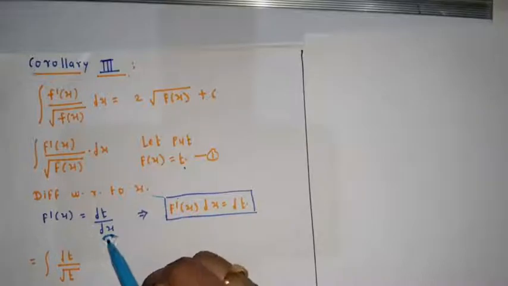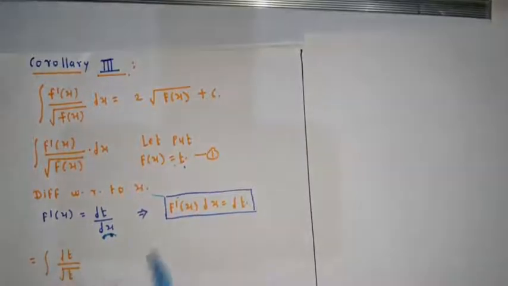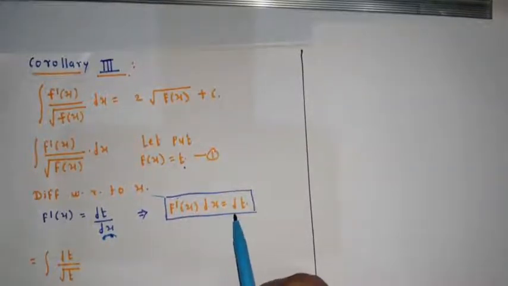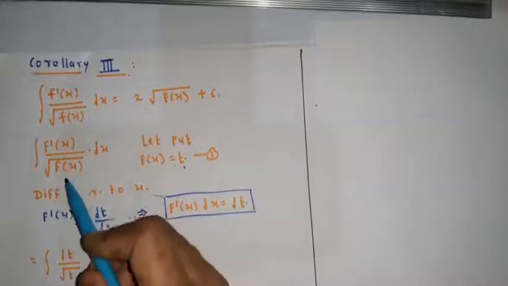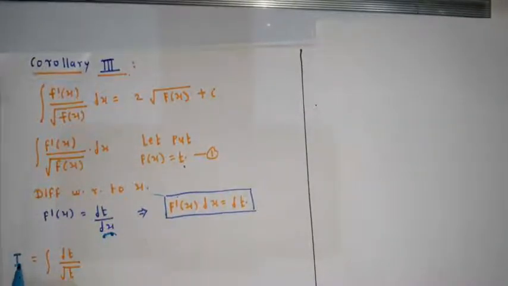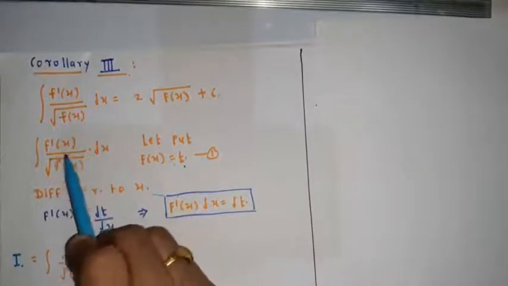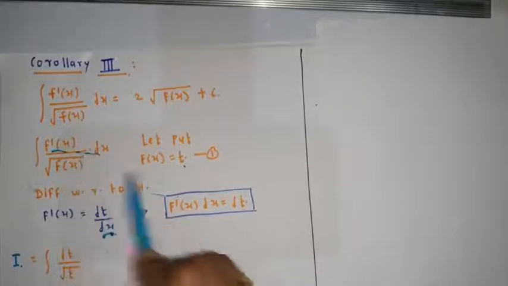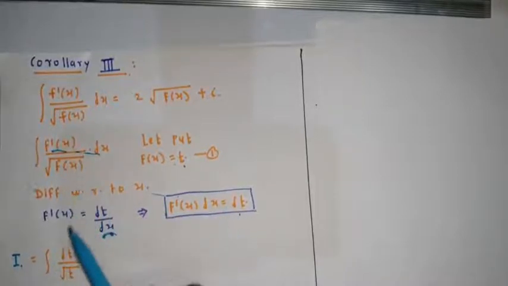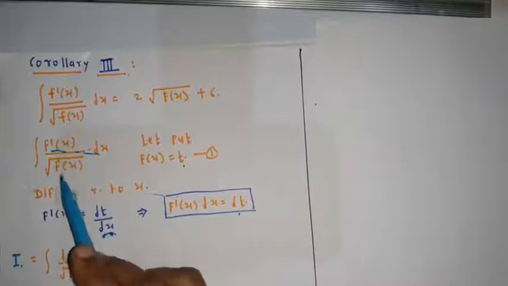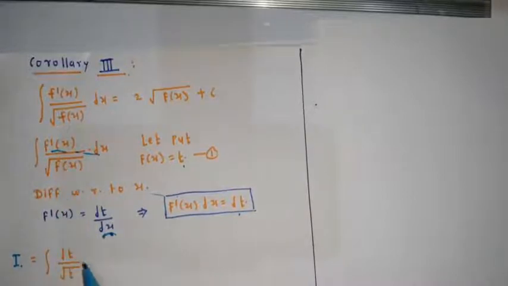Now shift this dx to that side, we get f dash of x dx equal to dt. And now the integration I equals dt upon square root of t.